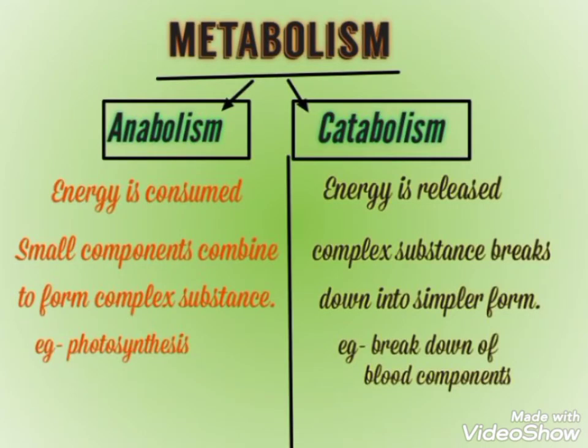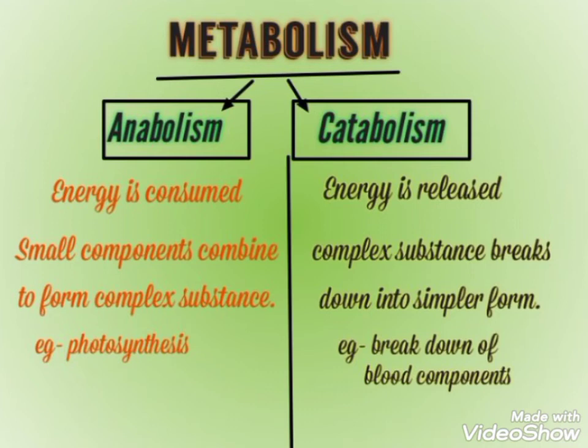It is of two types, anabolism and catabolism. First, anabolism: the reactions in which energy is consumed and small components combine to form complex substances. This type of reaction is called anabolism. For example, photosynthesis.